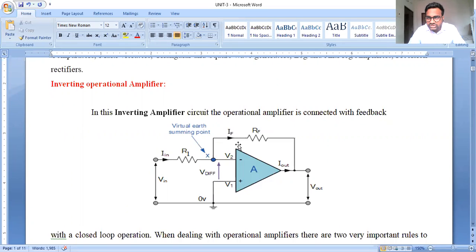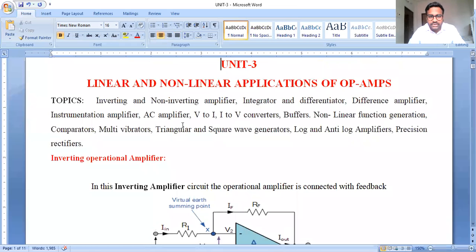There are two applications in the closed loop classification: the inverting operational amplifier and the non-inverting operational amplifier. These are the actual applications of closed loop operational amplifiers.